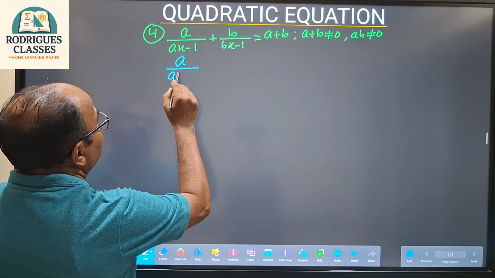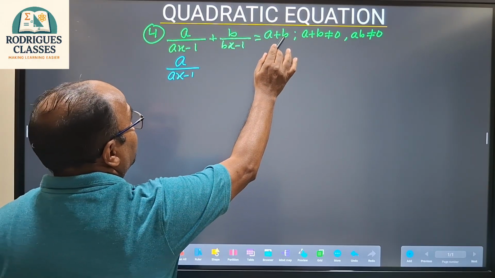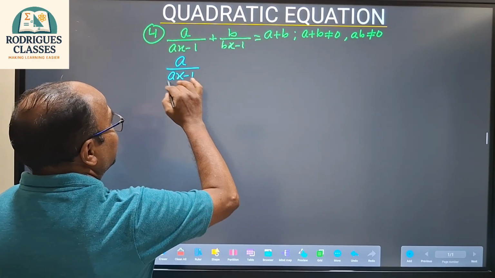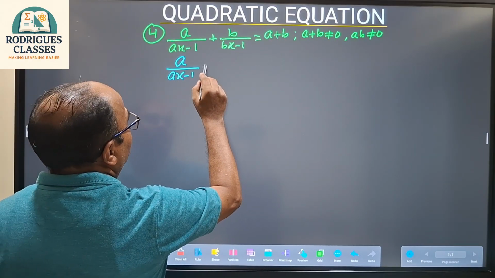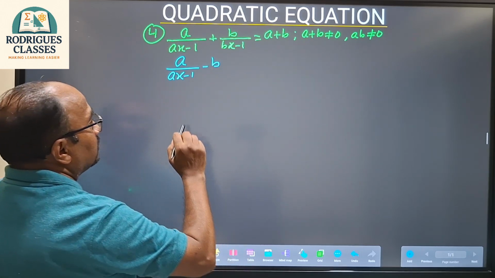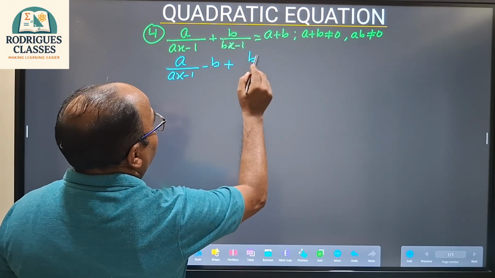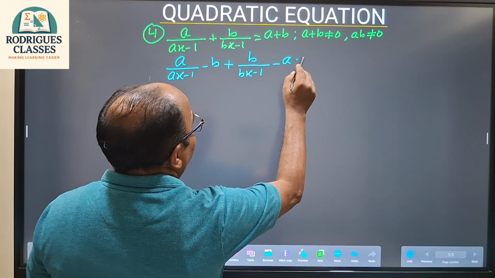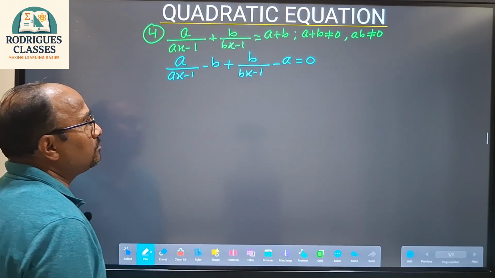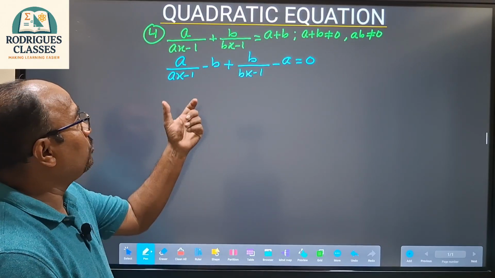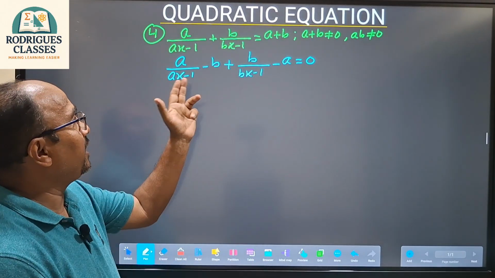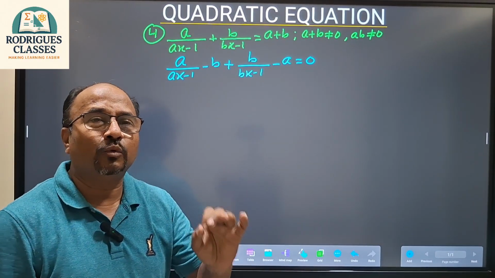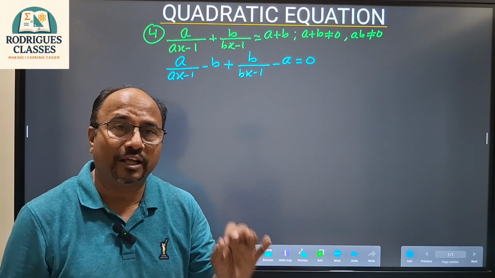a by ax minus 1 is taken. From here, because this is present in terms of a, I bring over here b. And then with b by bx minus 1, I bring a. So that side it is equal to 0. By doing it in this manner, when we take LCM and solve them, you will find you get the same denominator.